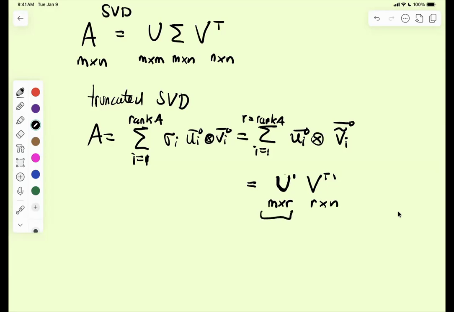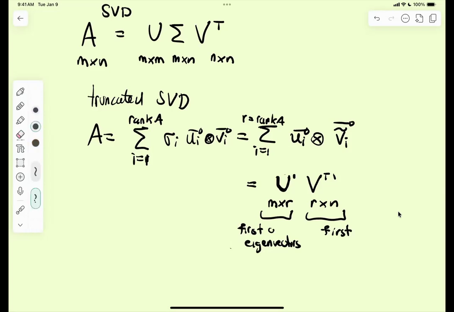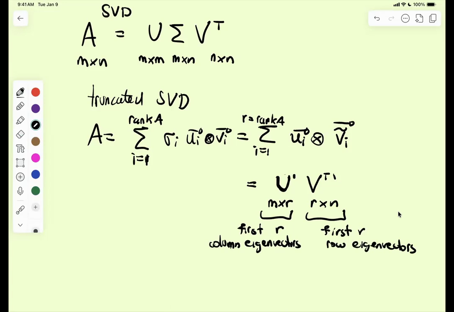So it has the first R eigenvectors, and these were column eigenvectors, right? And when I say eigenvectors here, I mean modified by the element that you absorb into the second one.